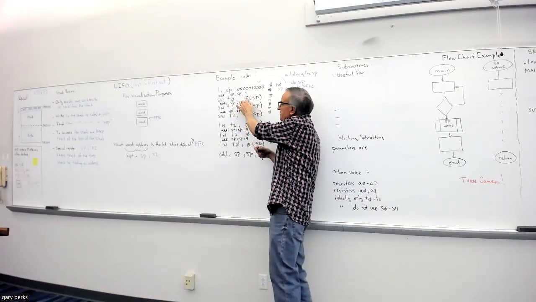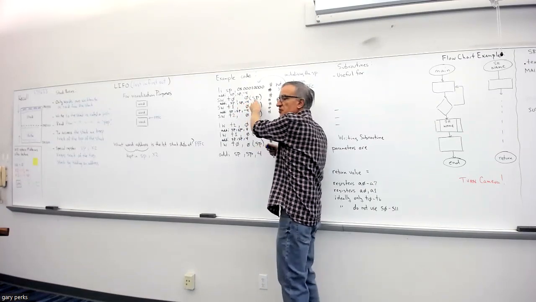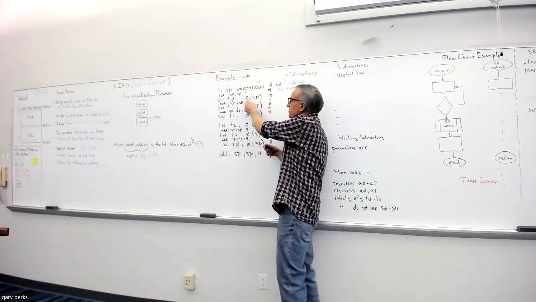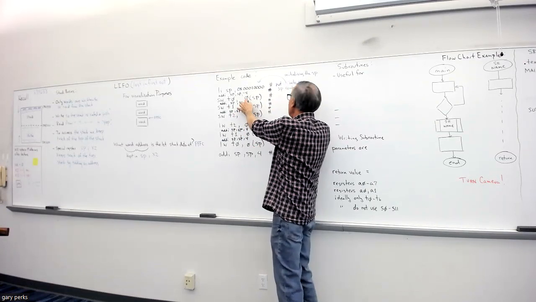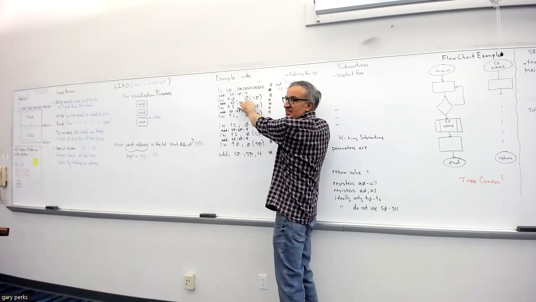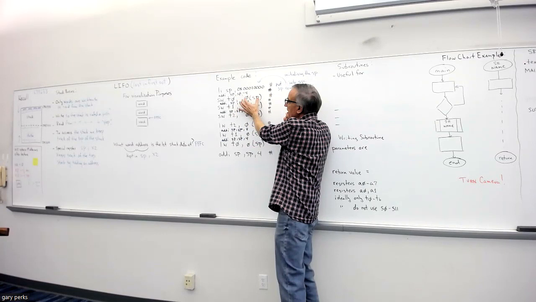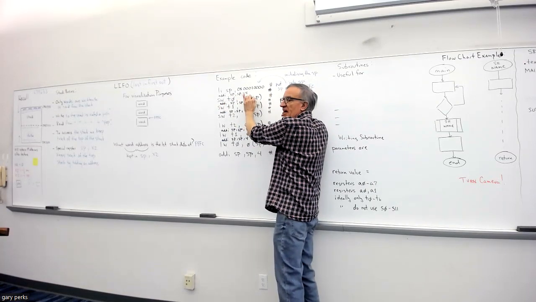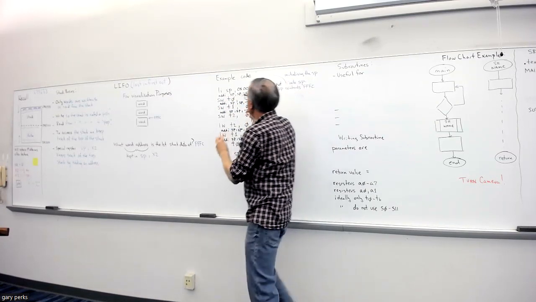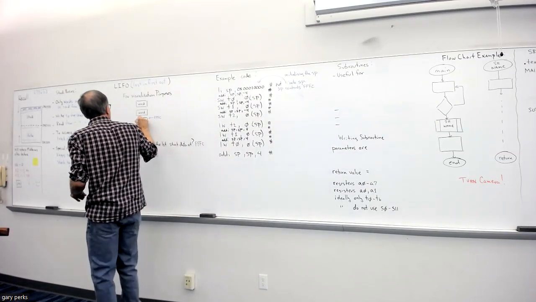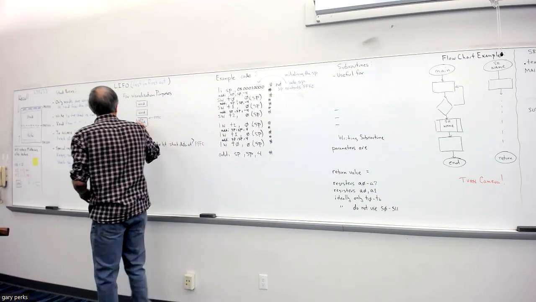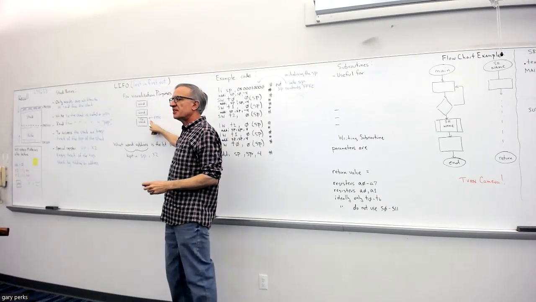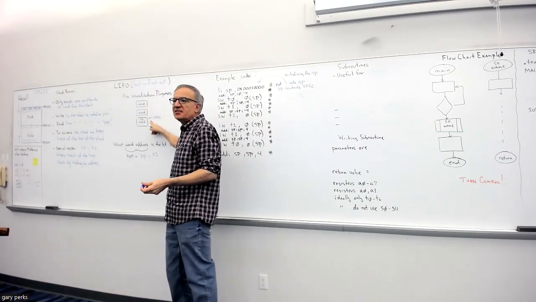So it takes that offset, adds it to what's in the stack pointer register. So it's going to add 0 to this FFFC, which obviously is FFFC. Then it uses that as an address, and it takes the data from this register and puts it at that address. So you see, this is going to put the contents of T0 at this address of the stack, at the top of the stack.